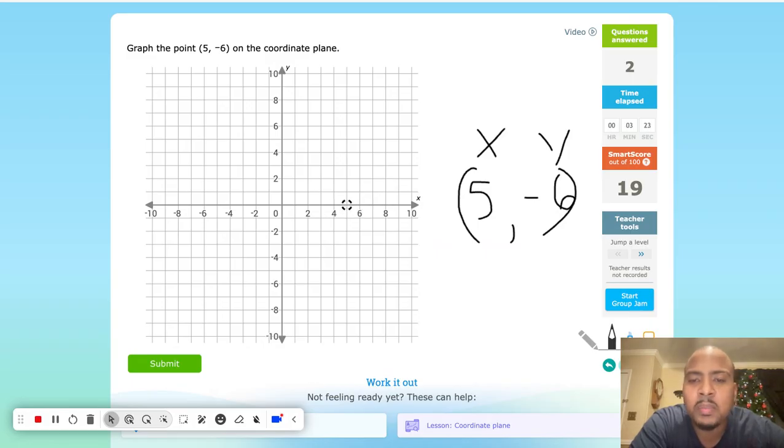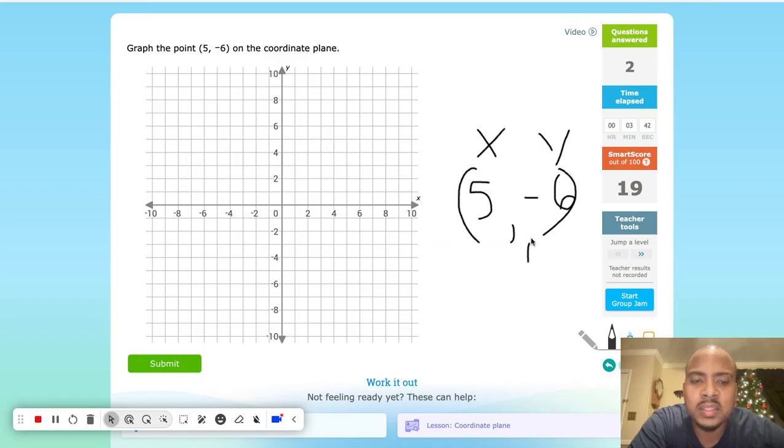So sometimes on a coordinate plane, you're going to have to plot in between numbers. You just got to think about what numbers this is counted by. They're not going to always have the number that you need. You're not going to always see the number that you need to plot. All right. So again, move 5 to the right. And then this is a negative 6.